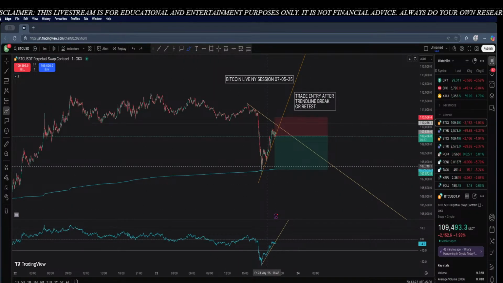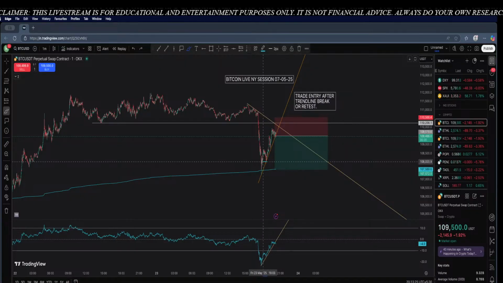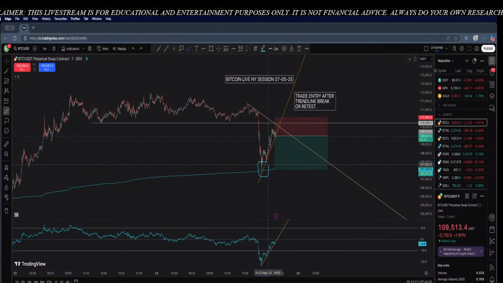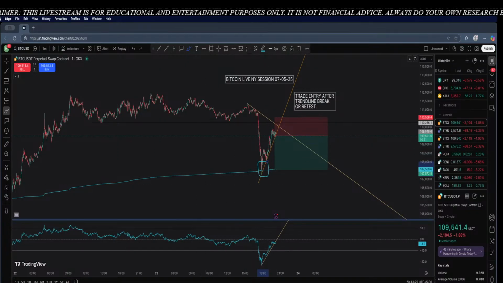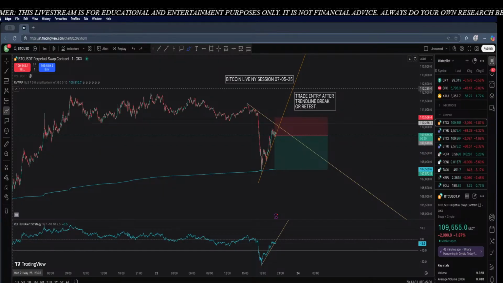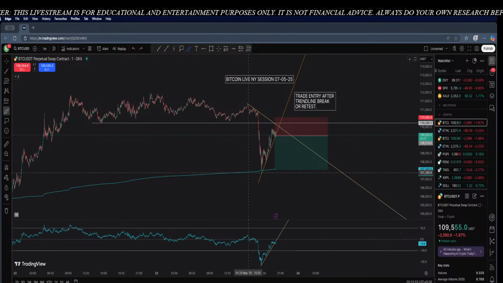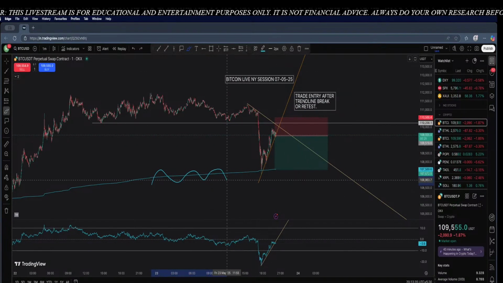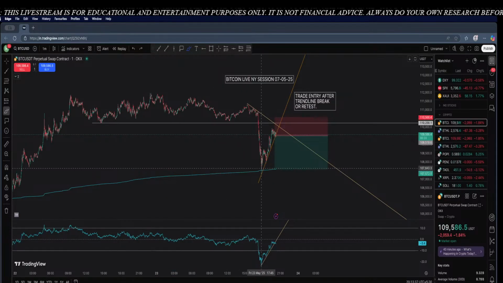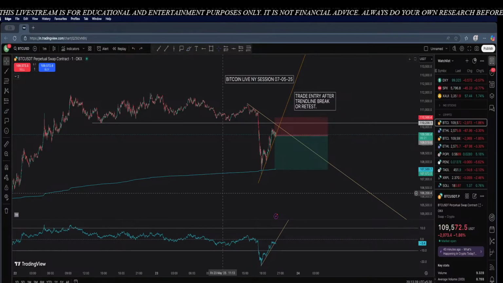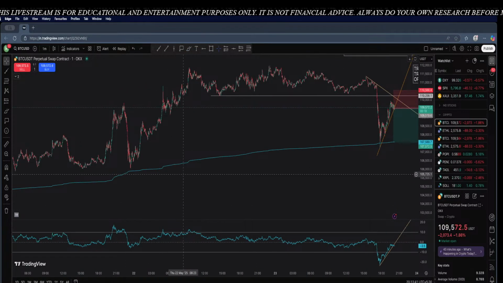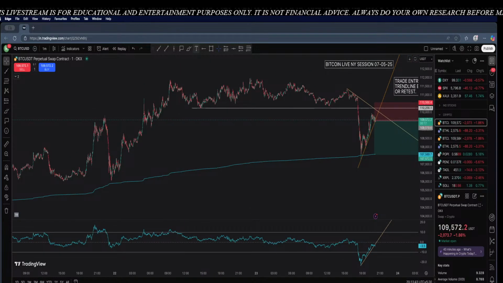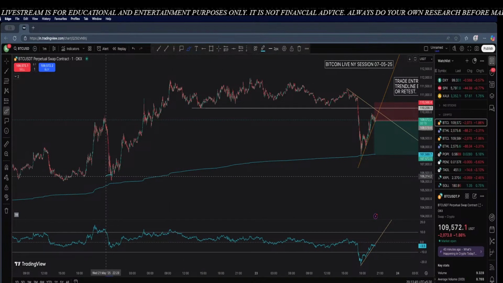But there is one thing which is concerning, this right here, which is the weekly 7-day rolling VWAP. This blue line that you see here is the 7-day rolling VWAP. It's going to be a very important line to watch out for, because as you can see, we've come close to it.